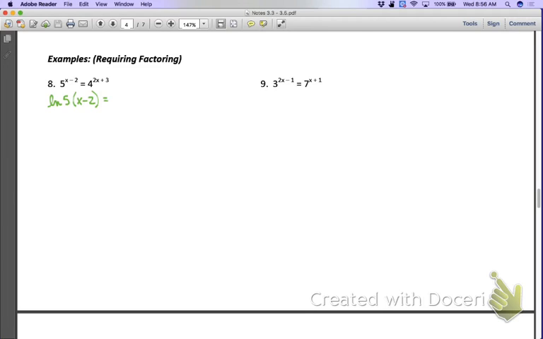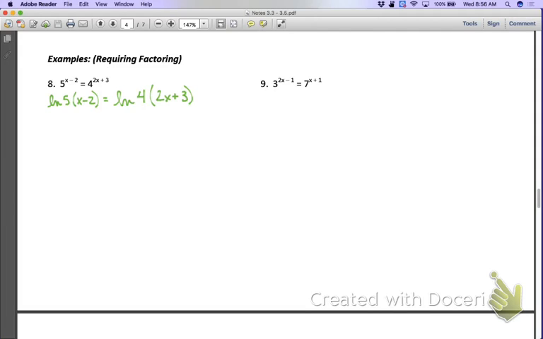Then I'm going to do the same thing with the natural log of 4, multiplied with 2x plus 3. I'm still solving for x. So what I want to do is distribute that natural log of 5 to everything inside.